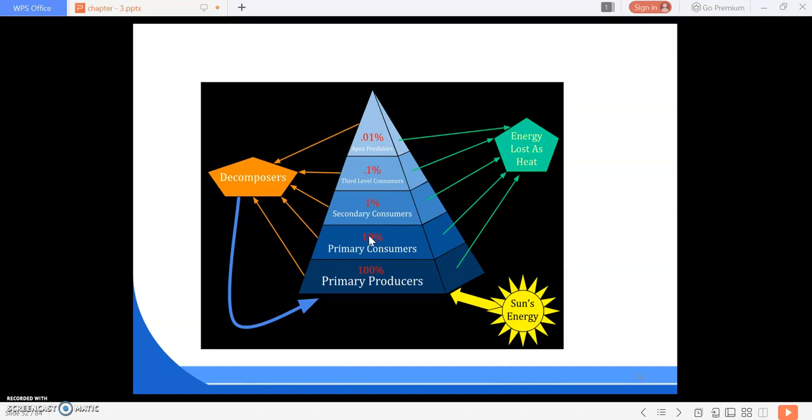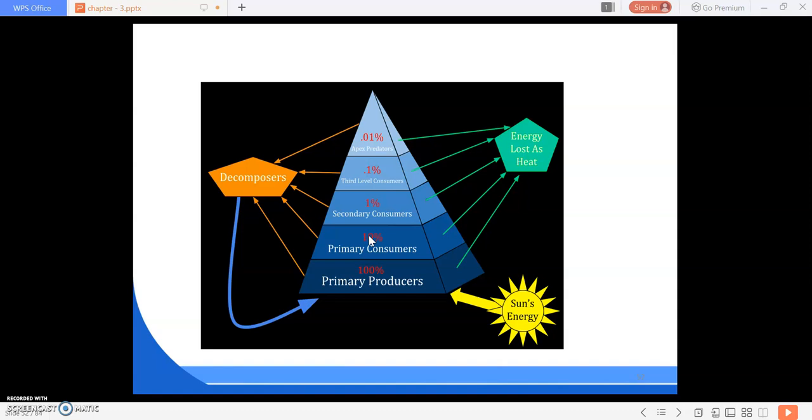Next, the secondary consumers use only 1% of energy, and out of that some is lost as heat and some goes to decomposers. Then the third level consumers take 0.1% of energy, from which some goes to the decomposers and some is lost. And next is 0.01%, the apex predators.